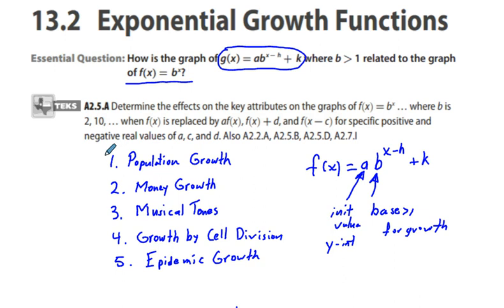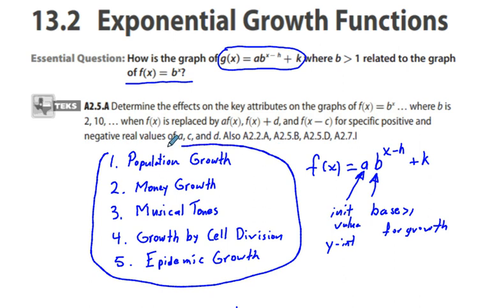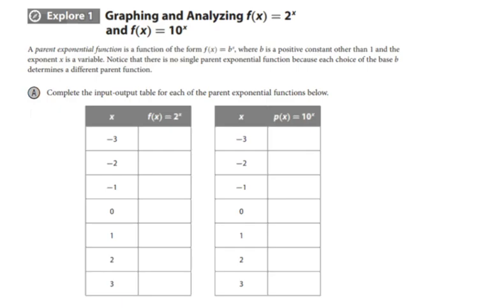So if you just look at these things together, I can't really think of any type of function that has more real-world uses in our society and on Earth right now than the exponential function. So we're going to be examining that relationship here.